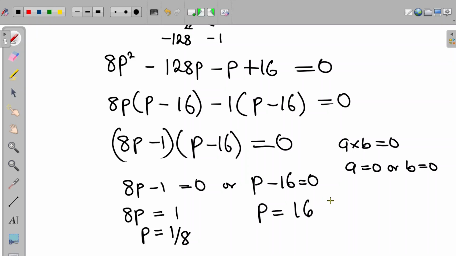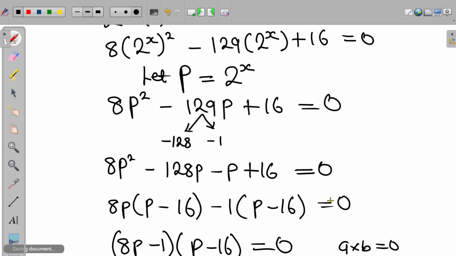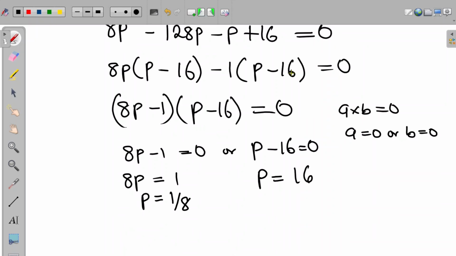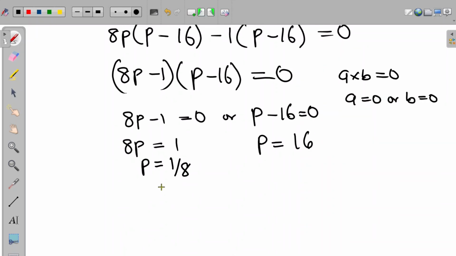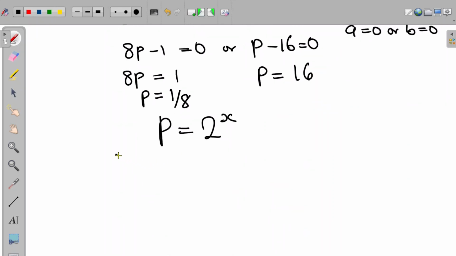But recall that we made a substitution that let p be equal to 2 to the power of x. So therefore, we have it that p is equal to 2 to the power of x. But for p equal to 1 divided by 8, we have it that 1 divided by 8 is equal to 2 to the power of x.